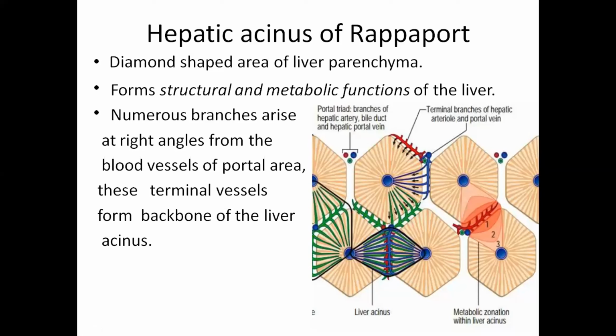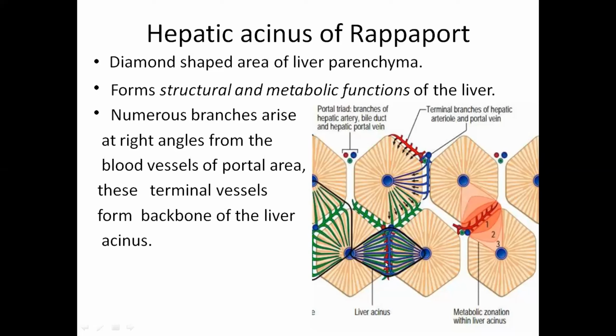It forms the structural and metabolic unit of the liver. Look at the cursor. Here are 2 portal areas in between 2 liver lobules. Numerous branches arise from these portal areas at right angles. They will form the backbone of the liver acinus.